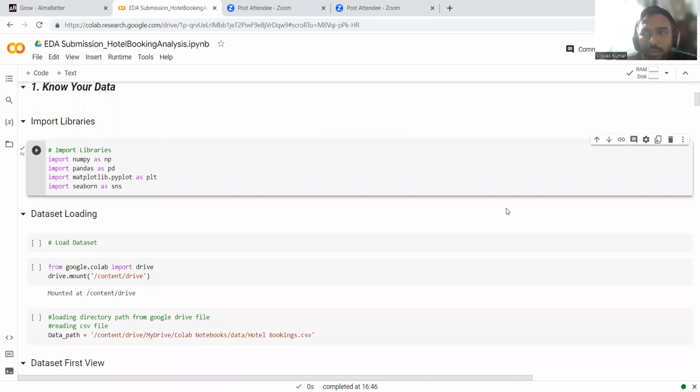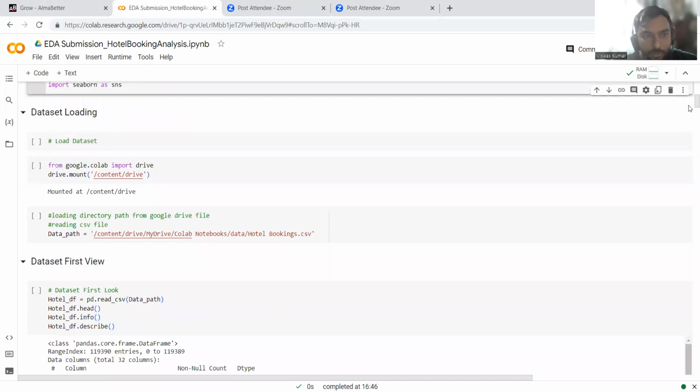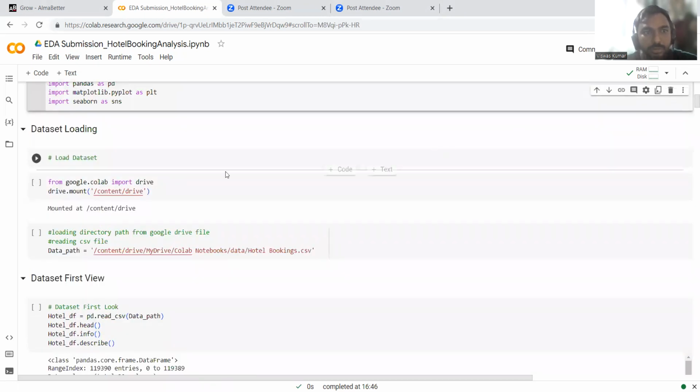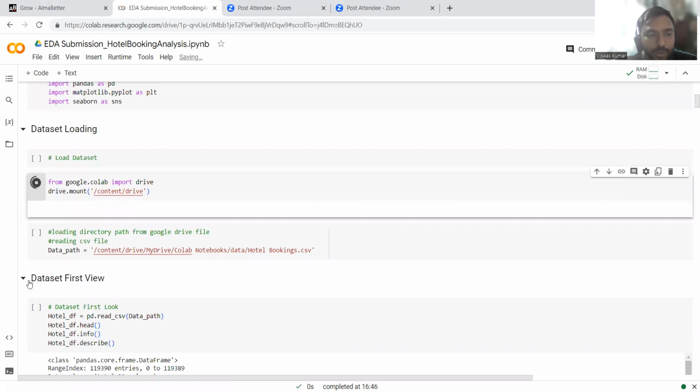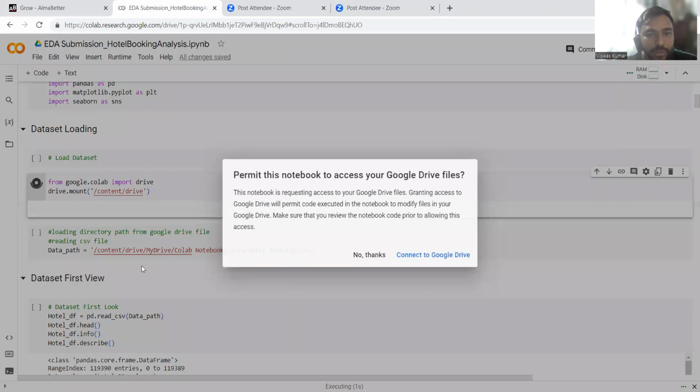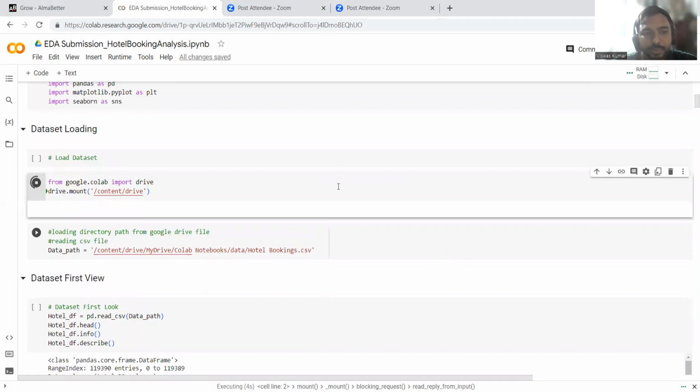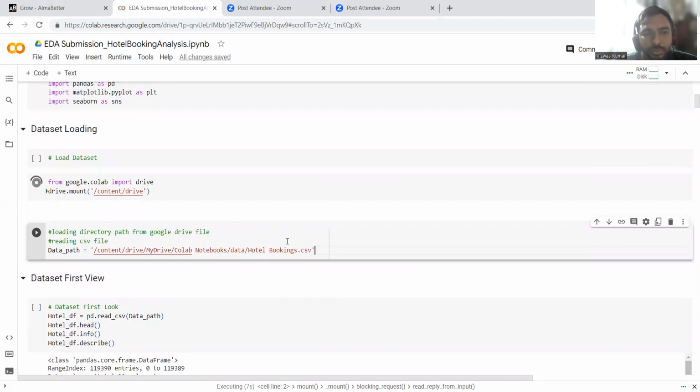Okay, that's done, very well. First, we have to load the data set into our Colab notebook using the drive mount link. Then we have to run the data path.